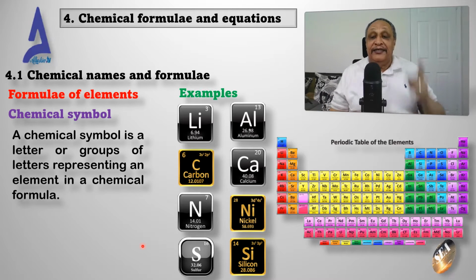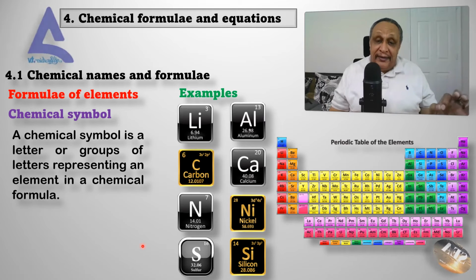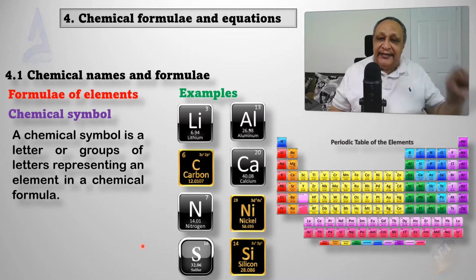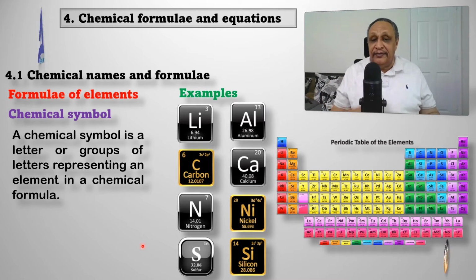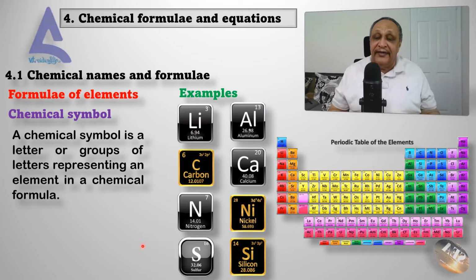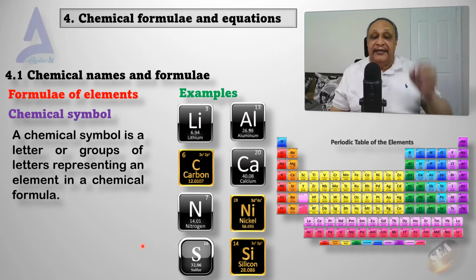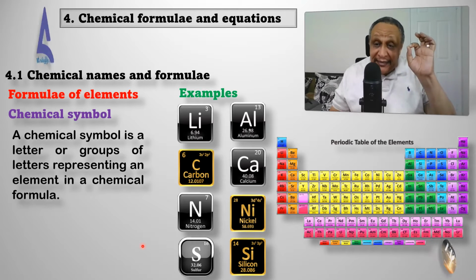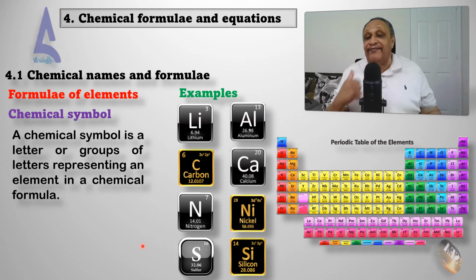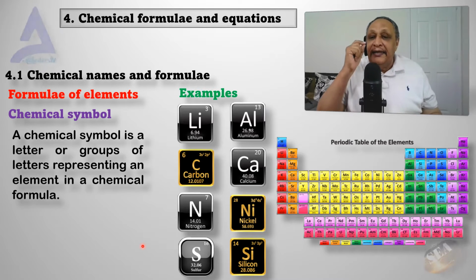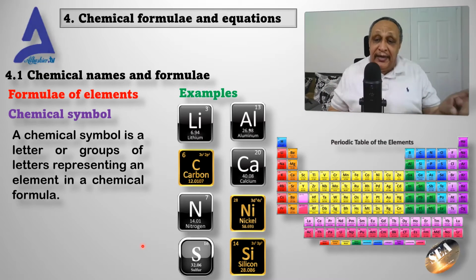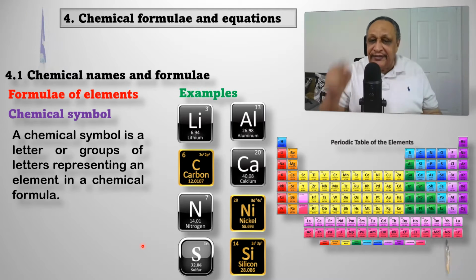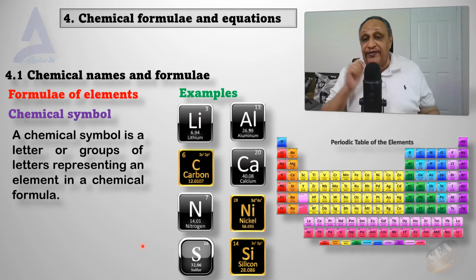Nitrogen is one letter, and it is also the first letter in the word nitrogen. Sulfur is one letter, the S, the first letter in sulfur. Phosphorus, P, is one letter, still the first letter in the word phosphorus.